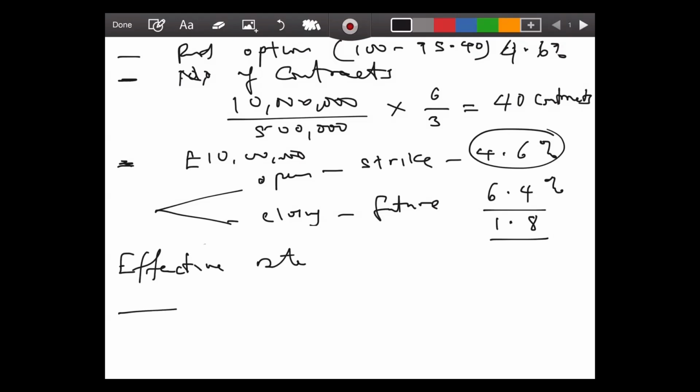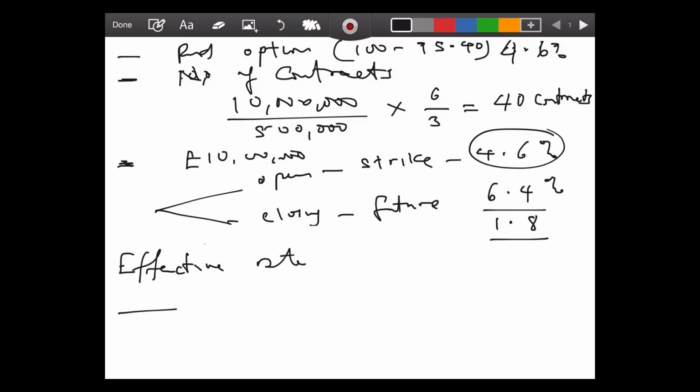If the company had not gone into the option contract, what would have been the actual rate at which the company would have borrowed the funds?